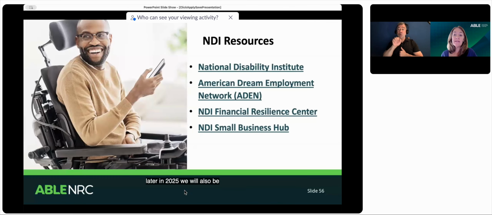NDI, the National Disability Institute, also has a bunch of other resources that can help advance financial empowerment for people with disabilities. We have an American Dream Employment Network called ADEN. There's a Financial Resilience Center. There's a Small Business Hub. And the PDF link will have all of these active links that you could easily access. And if not, just check out the website.